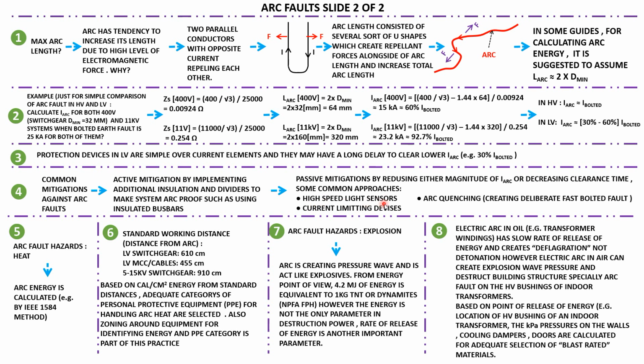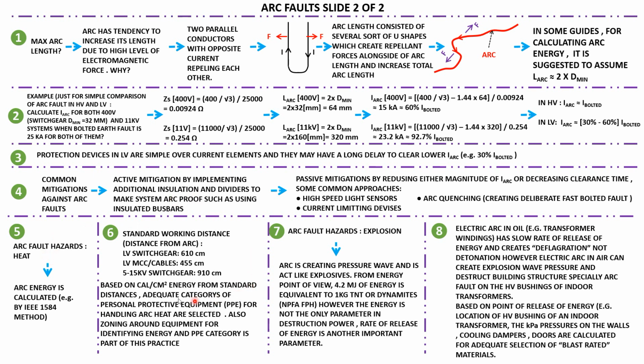Something like high speed light sensors targeting reducing the clearance time, arc quenching devices that deliberately introduce a bolted short circuit to extinguish the arc, and also current limiting devices targeting reducing the magnitude of I arc. As I said, many of them are a very broad topic, and I don't want to go ahead into that.